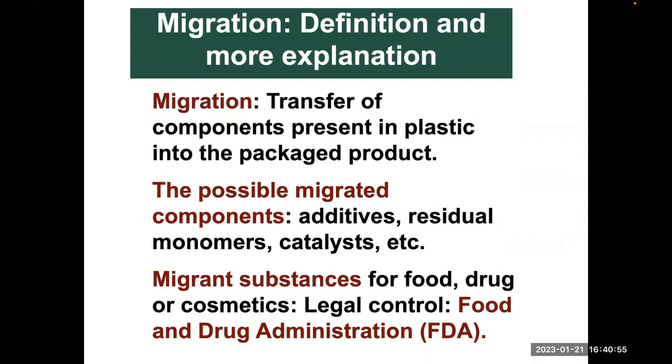However, those migrants, what are permissible, particularly when we are talking about food product, they are administered by a federal agency. We have a federal agency called Food and Drug Administration, and it determines what are permissible limits of various additives, monomers, or catalysts.